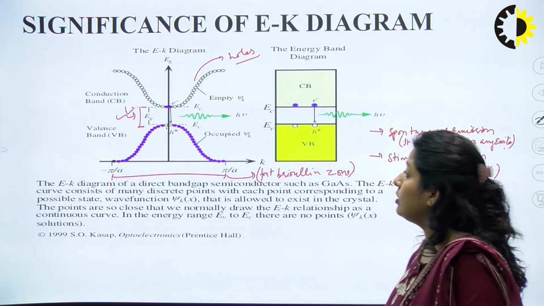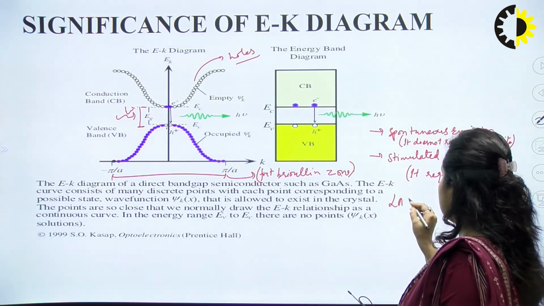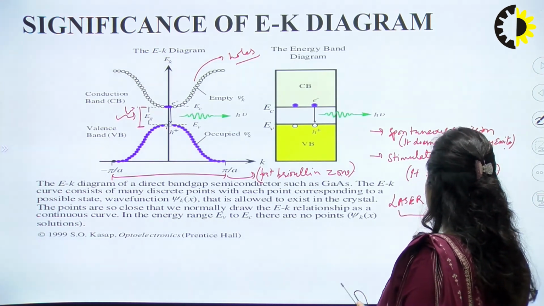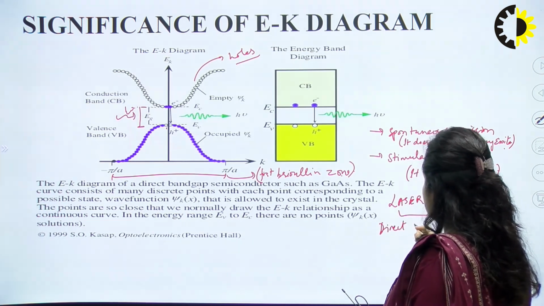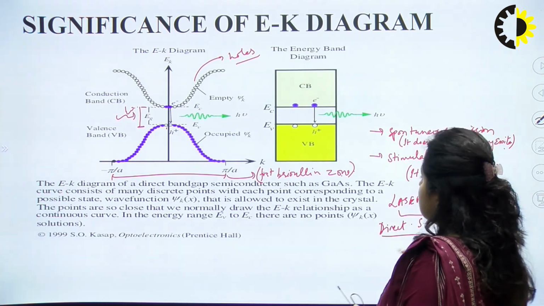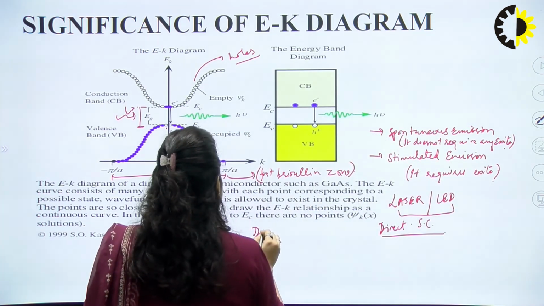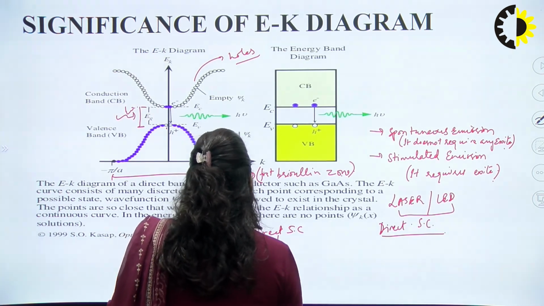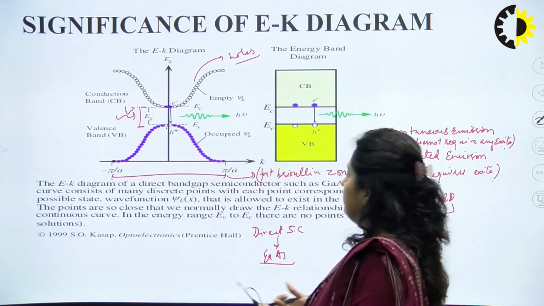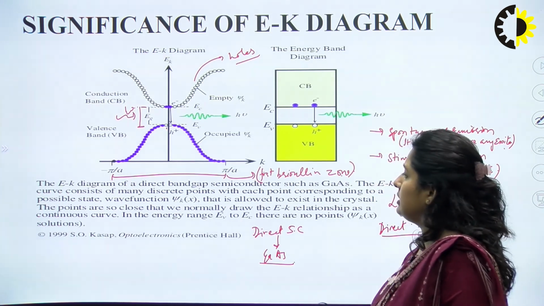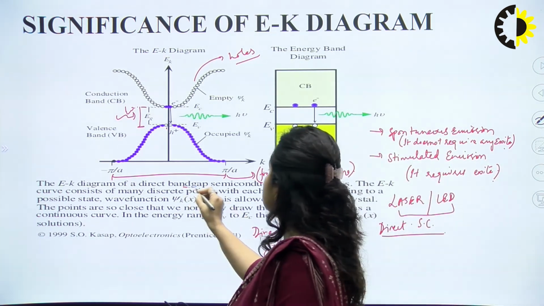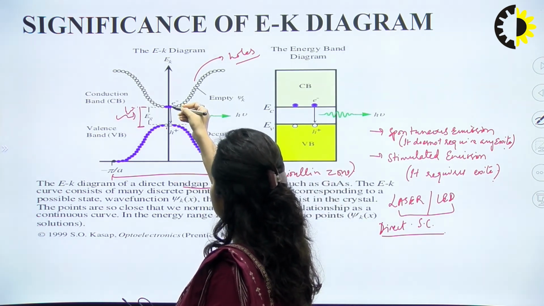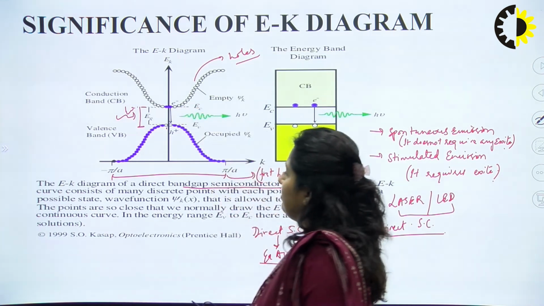So if we want to make or design a laser or an LED, we require direct semiconductor materials, and the direct semiconductors which we have discussed are like gallium arsenide. So we require direct bandgap semiconductors, which have an EK diagram with the same value of K for the conduction band minima and the valence band maxima.